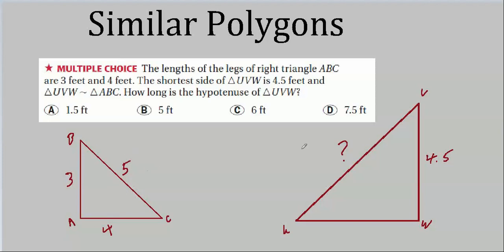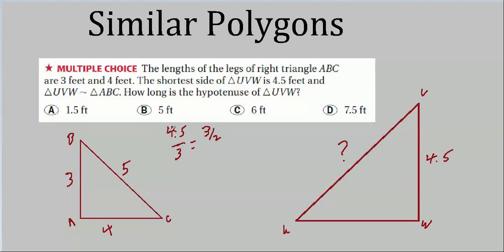What about this over here? Well, the scale factor we know. Let's do it for real here. 4.5 over 3, as I mentioned before, is 3 halves, or 1.5.